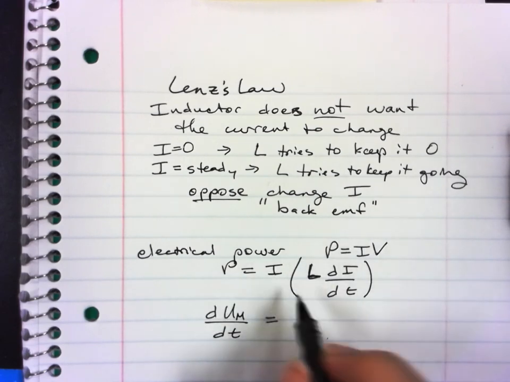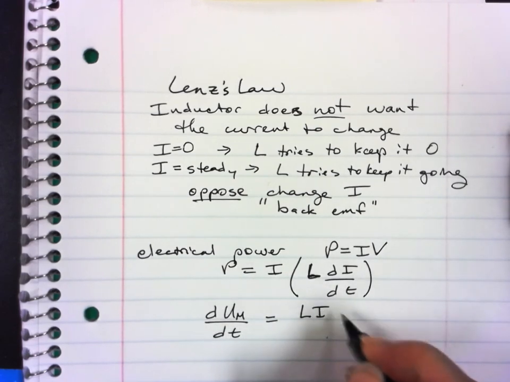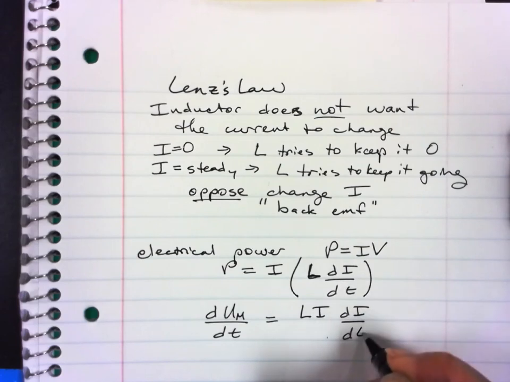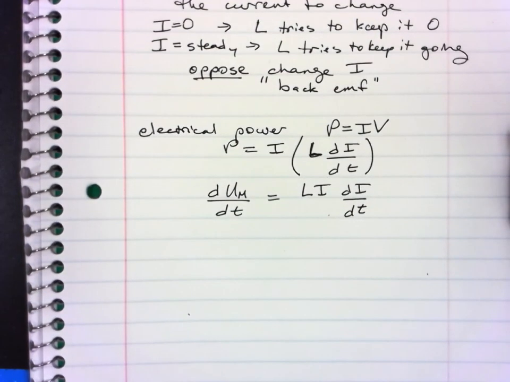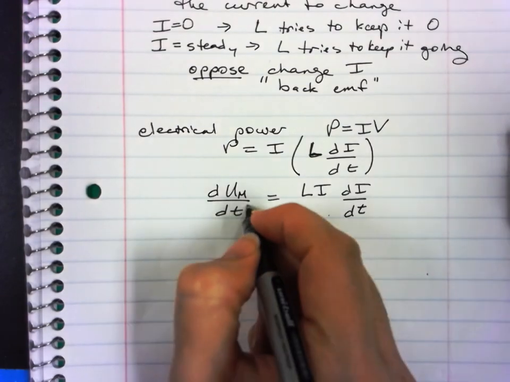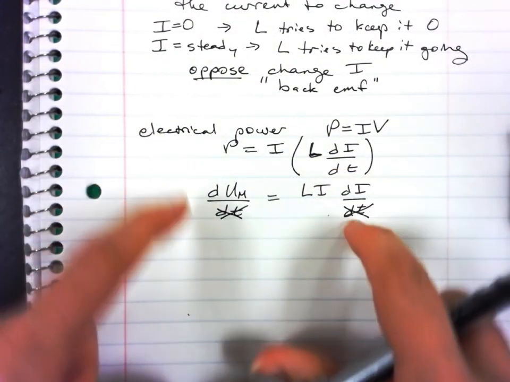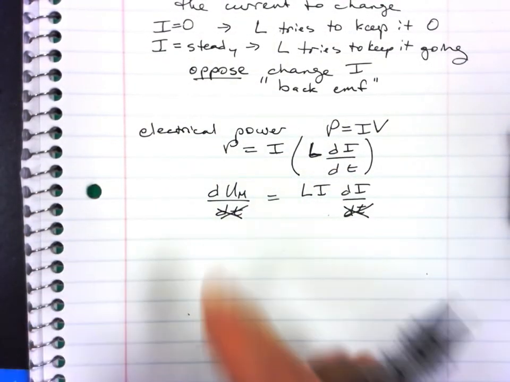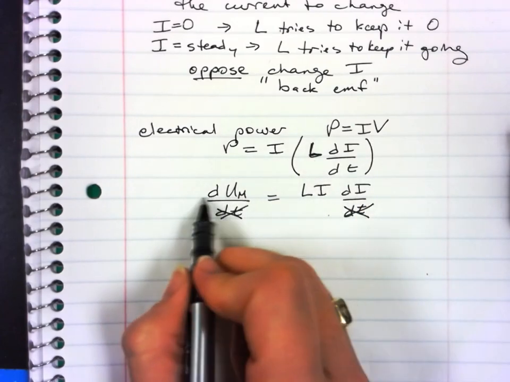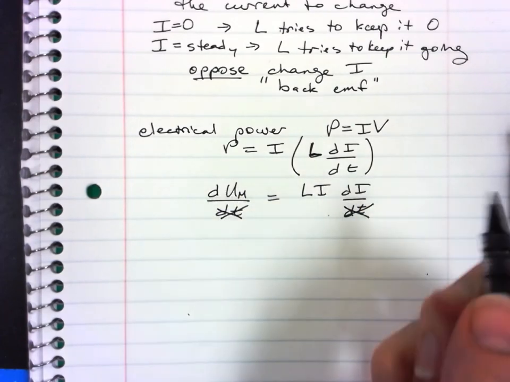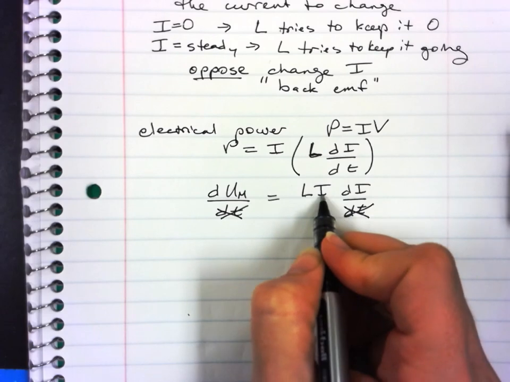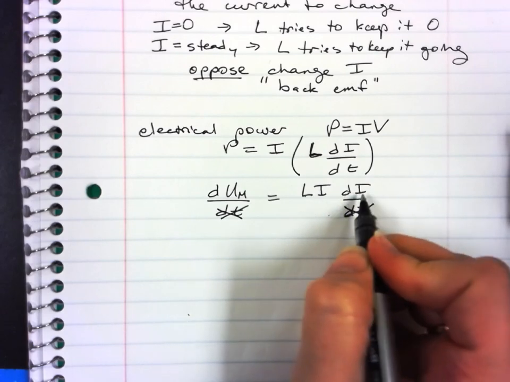And then I can drop my signs here so I can do L i di/dt. So here's the first interesting thing. Notice that dt is on both sides, so we can actually get rid of it, because they're going to have the same behavior with respect to time. So what we're left with is this differential of energy, a little tiny bit of energy, is equal to inductance, current, and a little tiny bit of the changing current.